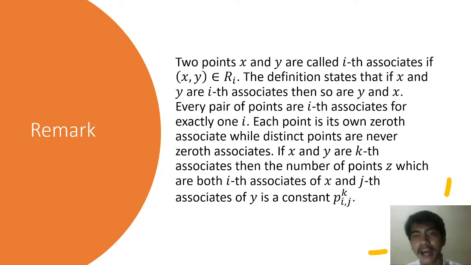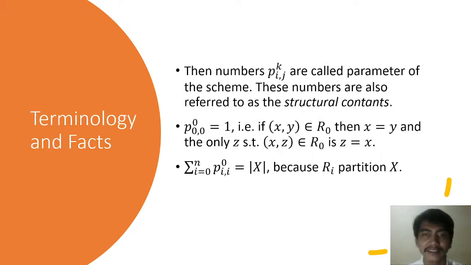If x and y are kth associates, then the number of points z which are both ith associates of x and jth associates of y is a constant Pijk. Terminology and facts: the numbers Pijk are called parameters of the scheme, also referred to as the structural constants.